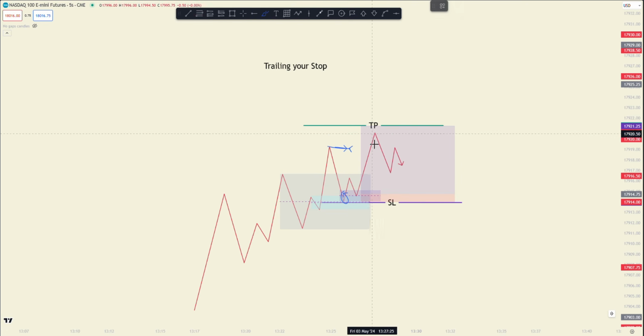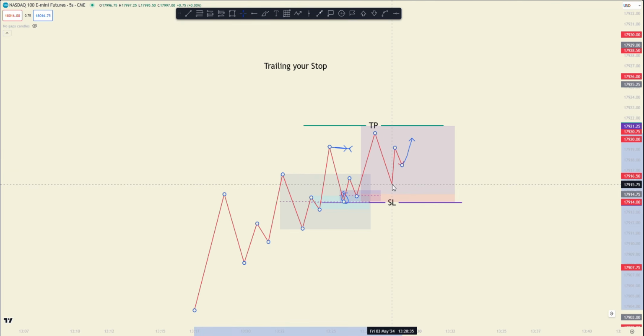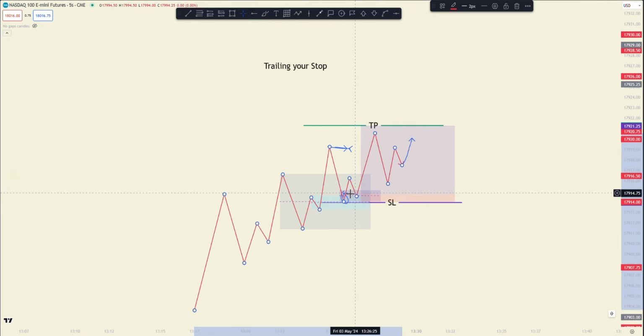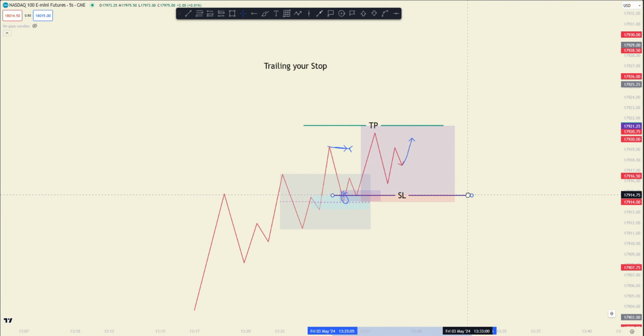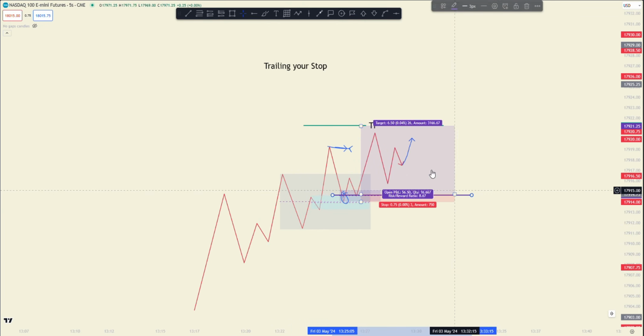So once this breaks back up this way, where am I going to move it? I'm going to move it below the SNDR, which let's just say the price comes down here. That means I'm going to move it to our new point, which would be right there. That's basically break even now.